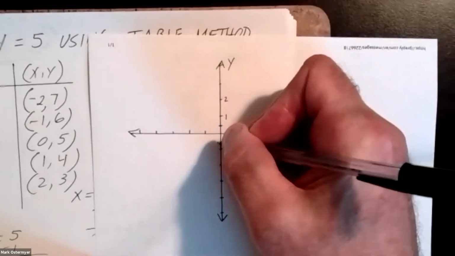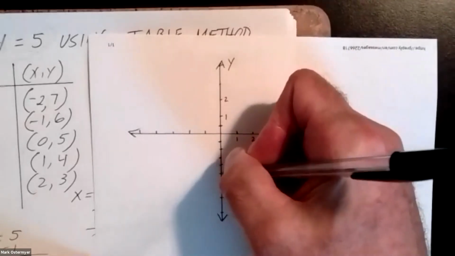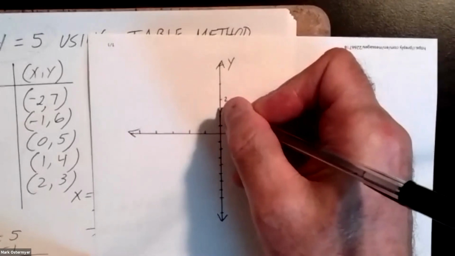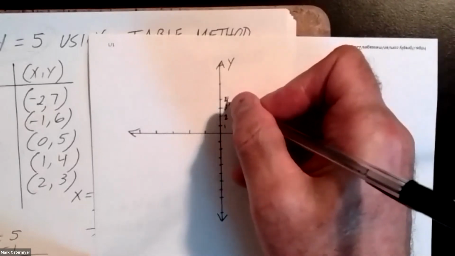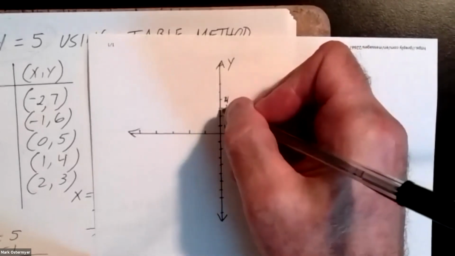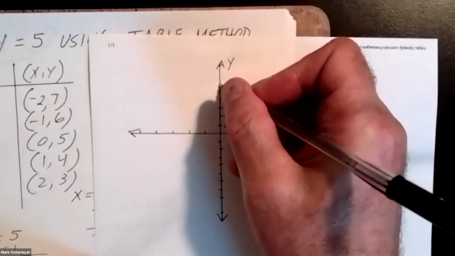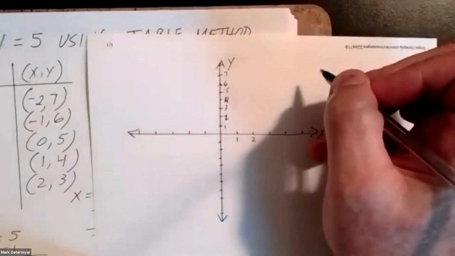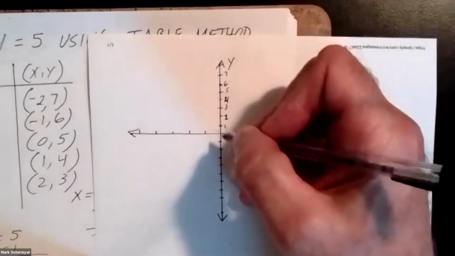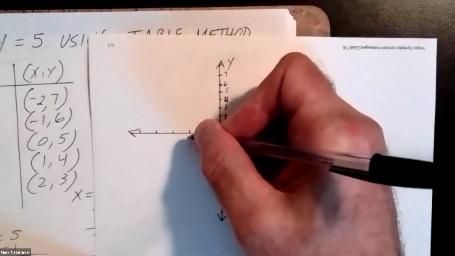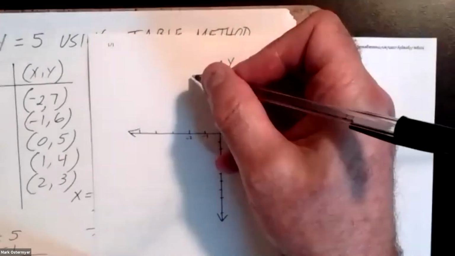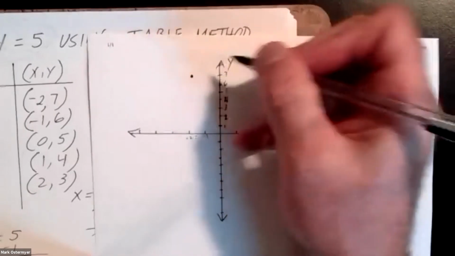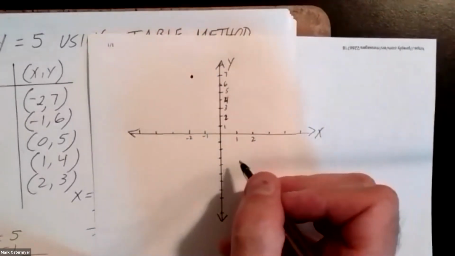Maybe if I split these up and put some more tick marks on here. So I'll call this 1, 2, 3, 4, 5, 6, and 7. All right, so I go 2 to the left and then up 7. Right here in the second quadrant is going to be my point (-2, 7).